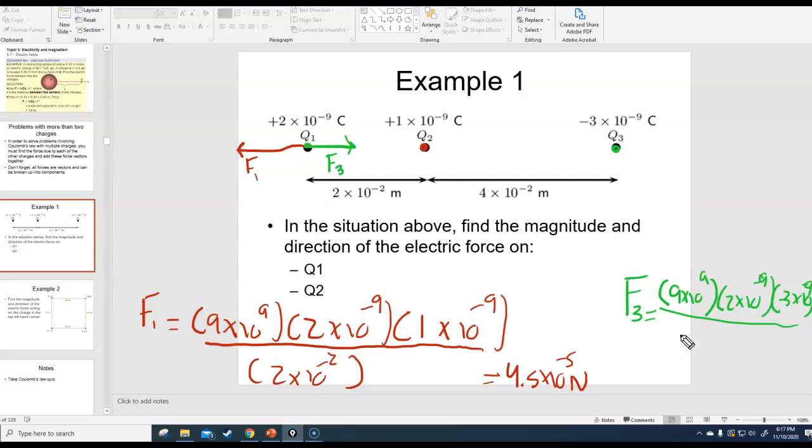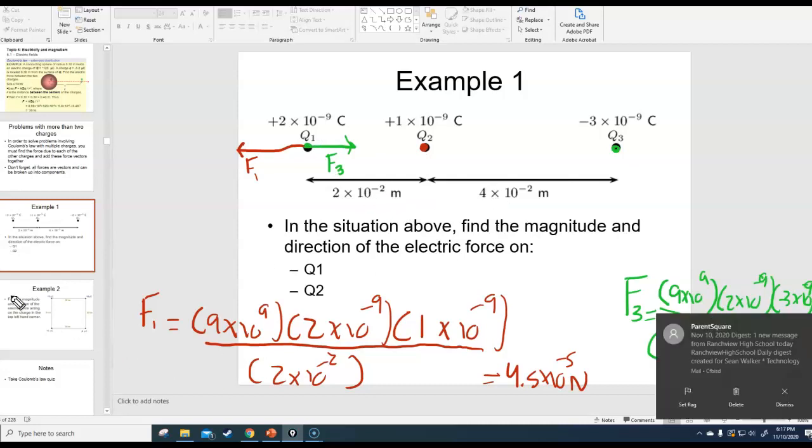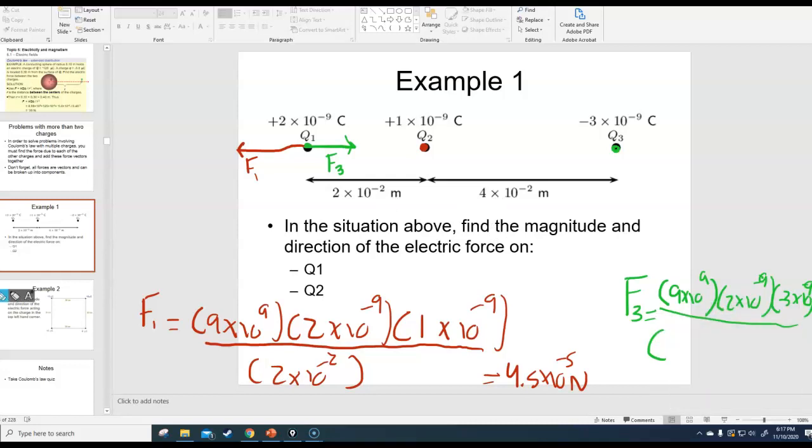But in any case, on the bottom we have R squared, and here the distance between Q1 and Q3 is going to be 2 times 10 to the negative 2 plus 4 times 10 to the negative 2, which is going to be 6 times 10 to the negative 2, because 2 plus 4 is 6. That's the distance between Q1 and Q3.